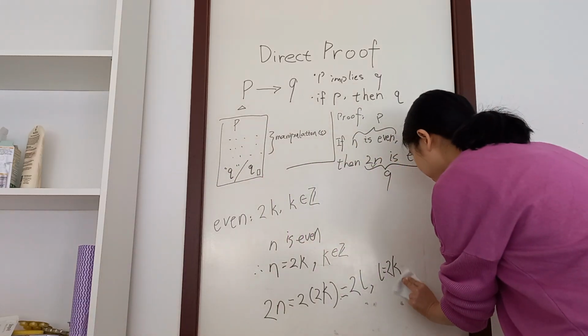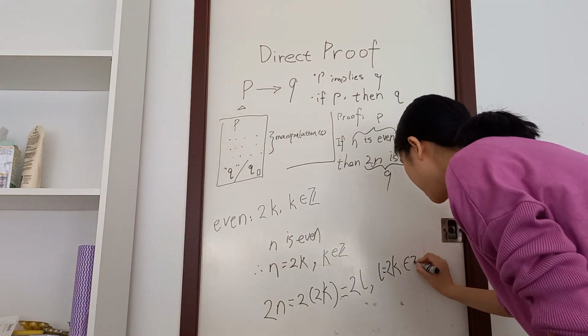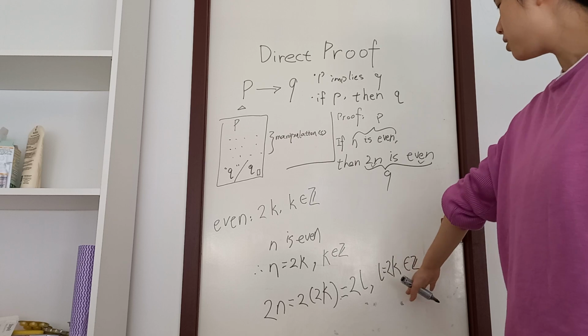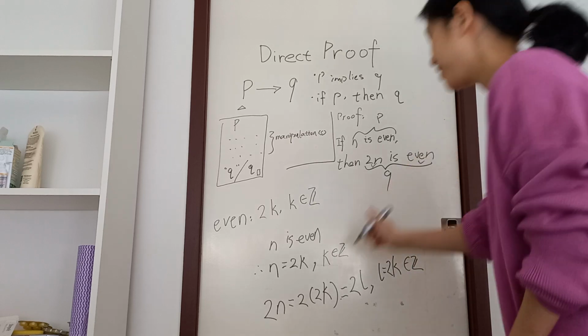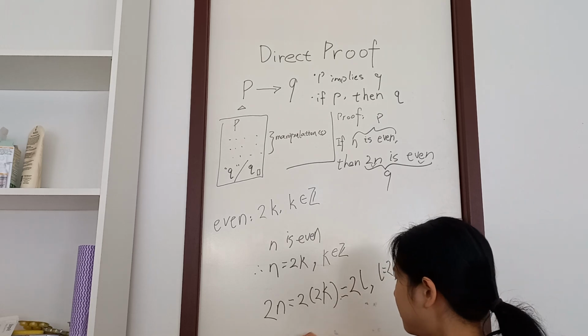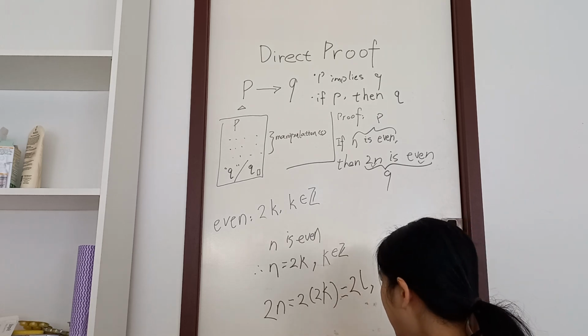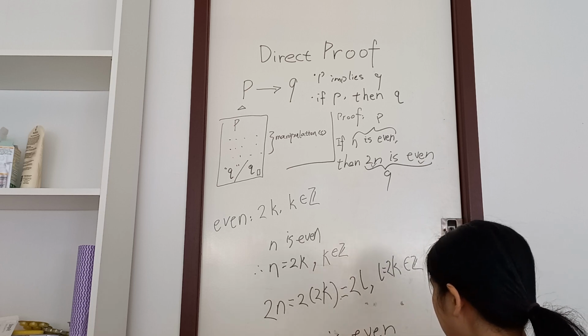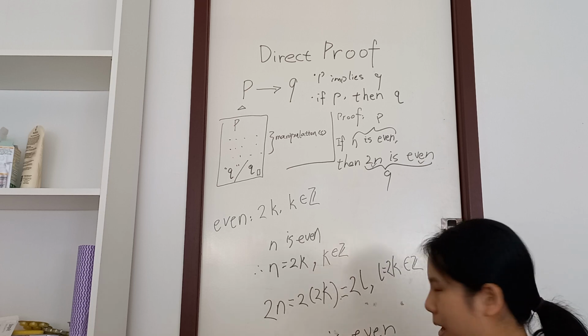Where 2k is also an integer, that covers the even part, and it tells us that 2n is even, and a nice square indicates the proof is completed.